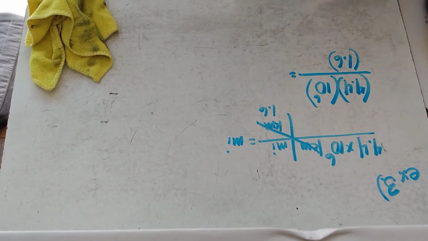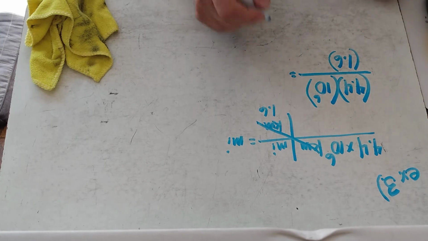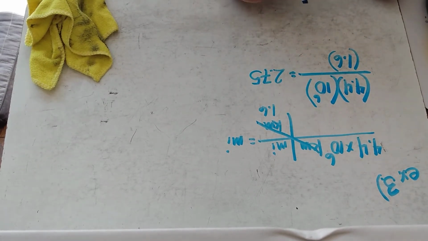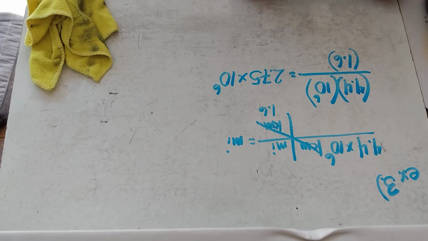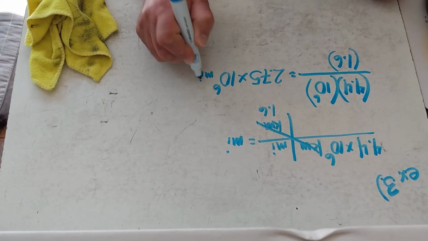Okay, now when we do this, I'm really only going to take into my calculator and plug in 4.4 divided by 1.6. And when I get that, I get a 2.75 times, and now I'm just going to plug in the 10 to the 6th. Okay, and of course our units is miles.